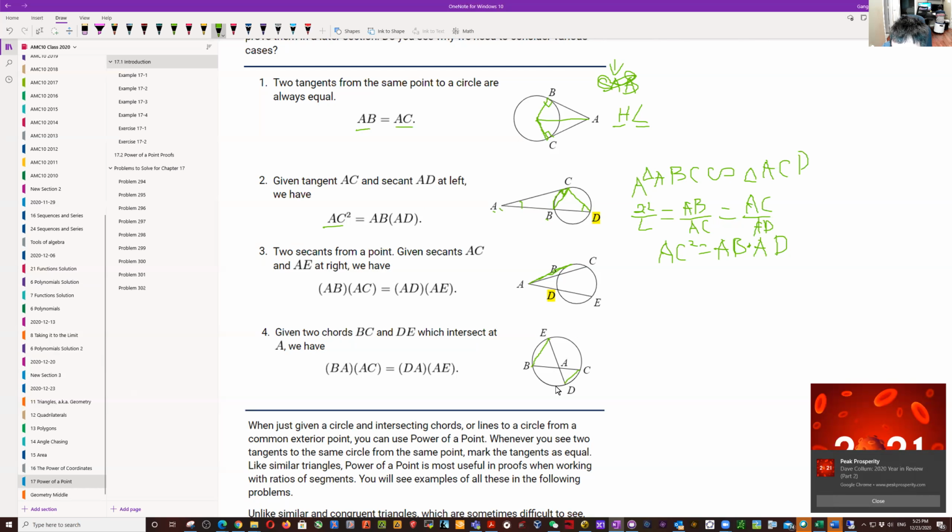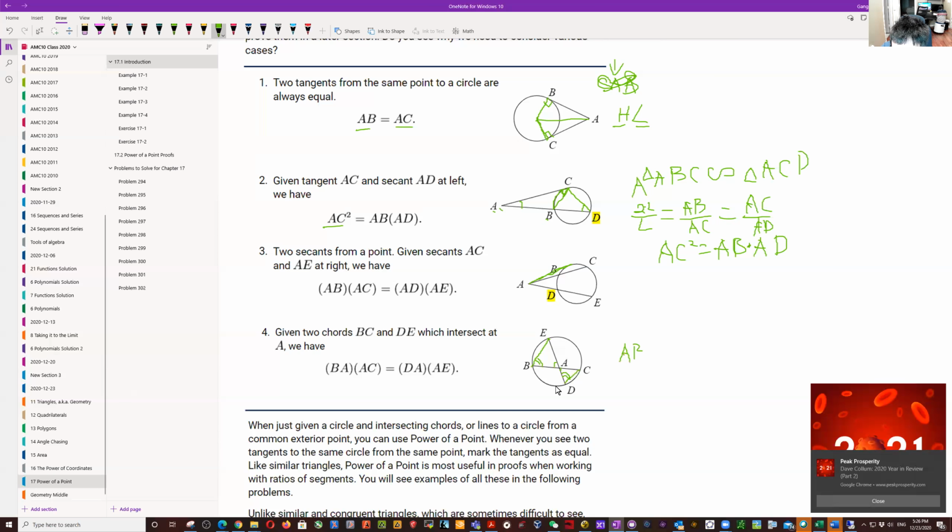You see that those two angles will be the same because they're facing the same arc, EC. When I do the similar triangles, I need to get my sequence right. So I will use a double arc here and a single arc here. These are vertical angles.